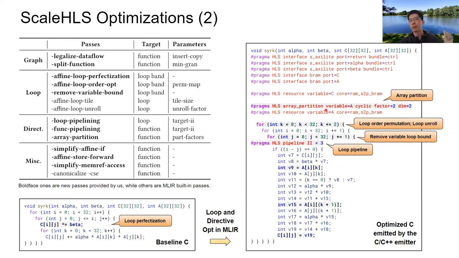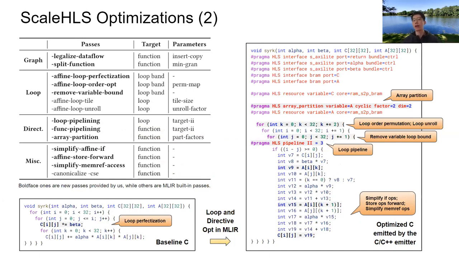And here, the array A is partitioned in a cyclic fashion with a factor of 2 on the second dimension. So in this way, you can access the indices K and K plus 1 simultaneously without conflict. And this is the directive optimizations. We also provide optimizations like simplifying the if operations to remove those always true and always false if statements.